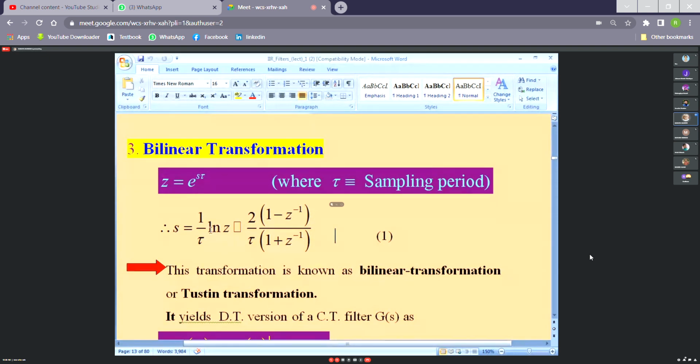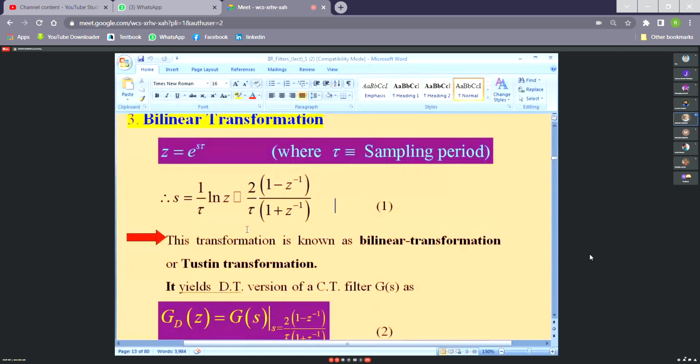If you expand natural logarithm of Z into an infinite series and truncate the series after the first term, then you will get this approximate relation between S and Z. So this relation is known as bilinear transformation or Tustin transformation relation.